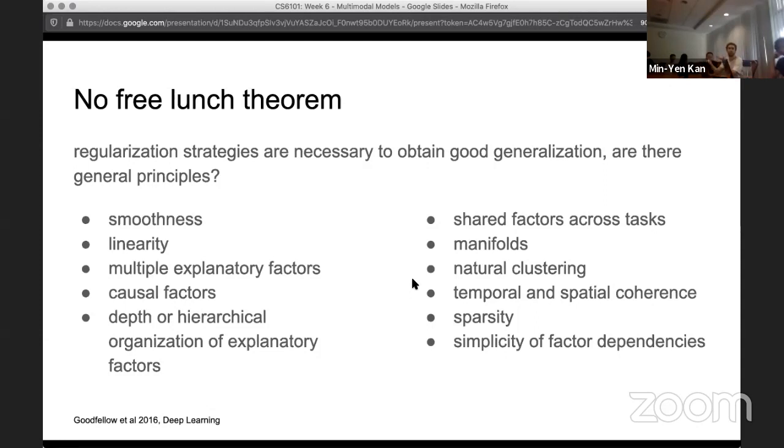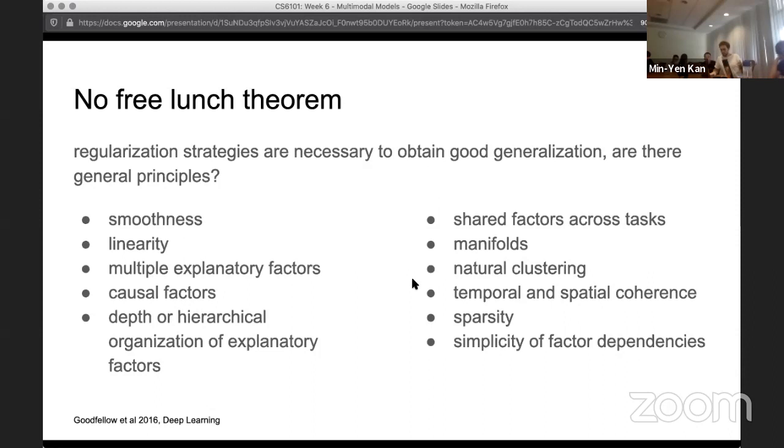Whether it's generalizable or not, it might not be, because you haven't really thought about why you're using a given algorithm and a given regularization strategy, and what the relationship is between that and the underlying data generating process.